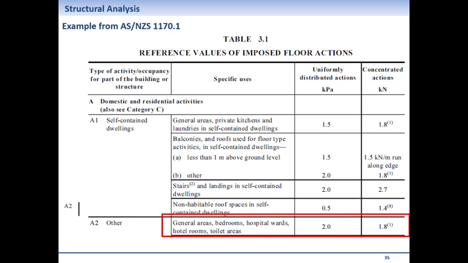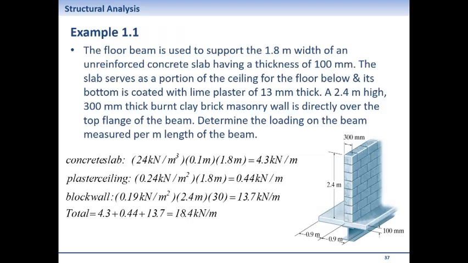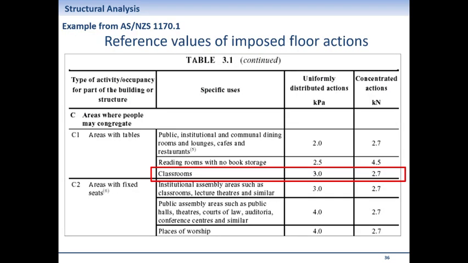So as you can see, there is a category there, domestic and residential activities, areas where people may congregate. Then there are subcategories, and they talk about, for example, classrooms, very relevant to what we are doing here.